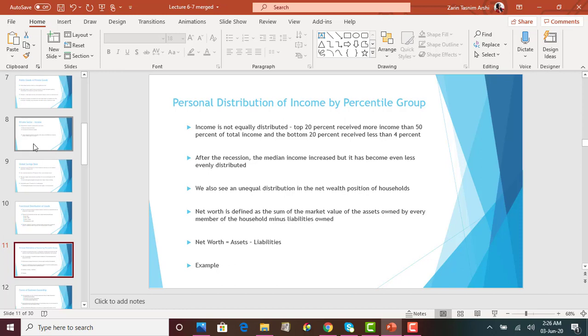Okay, so basically net worth, in CNN or in Fox News, you probably heard Brad Pitt has a net worth of $11 billion, or let's say Tom Brady has a net worth of $10 million. So what does this net worth of $10 million mean? What it means is it's all the assets that he owns.